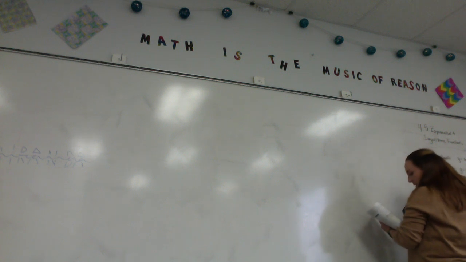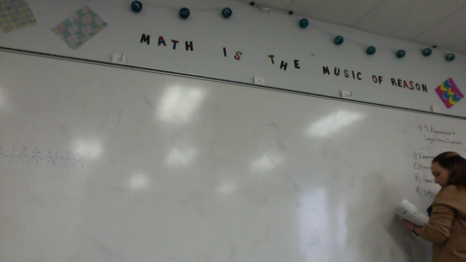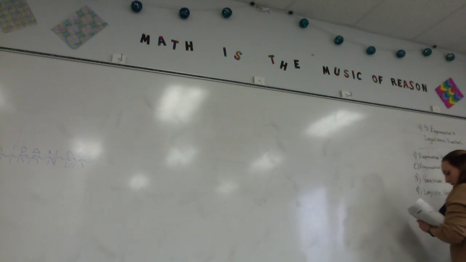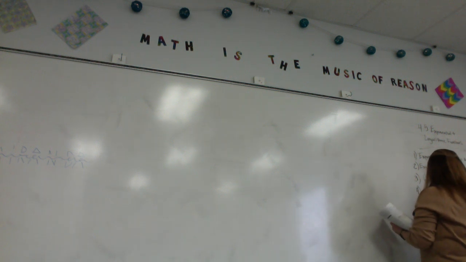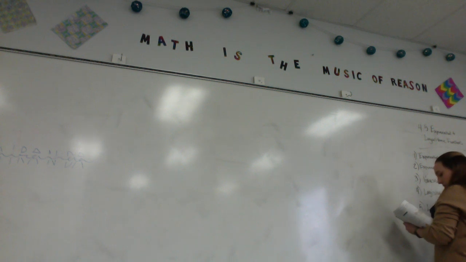Fourth, you have the logistic growth model. That is y equals a over 1 plus b times e to the negative rx. And then the fifth model that we're going to look at today is the logarithmic model.